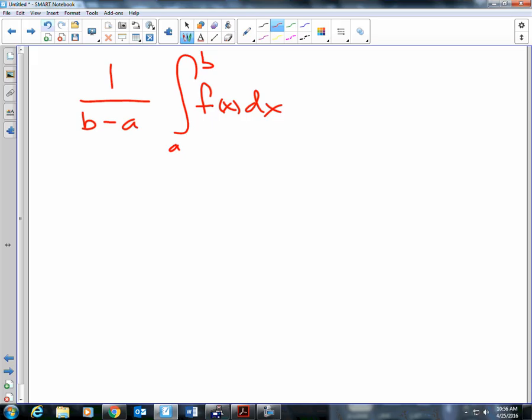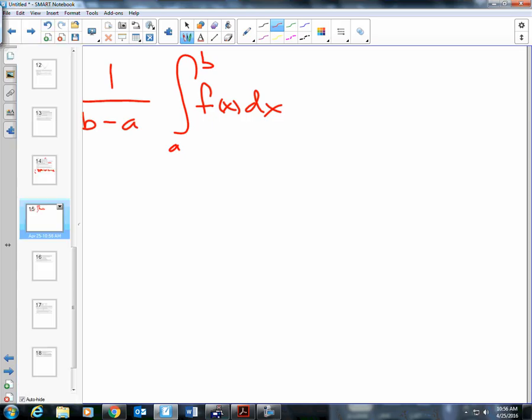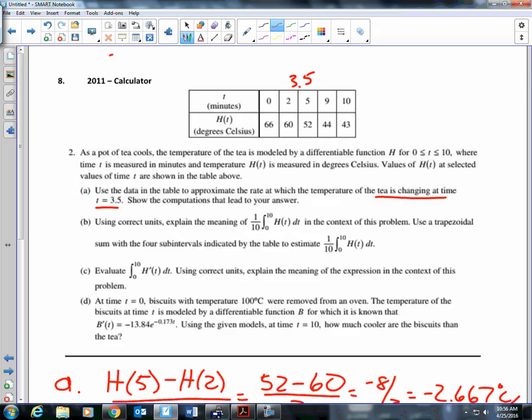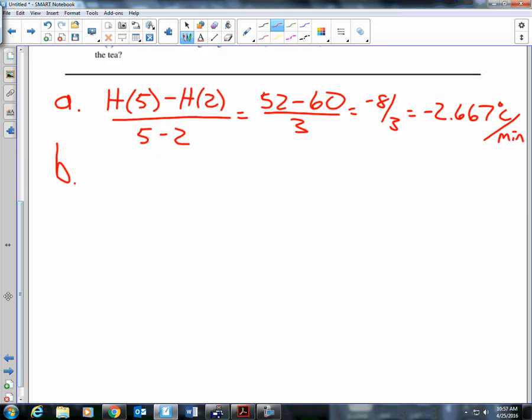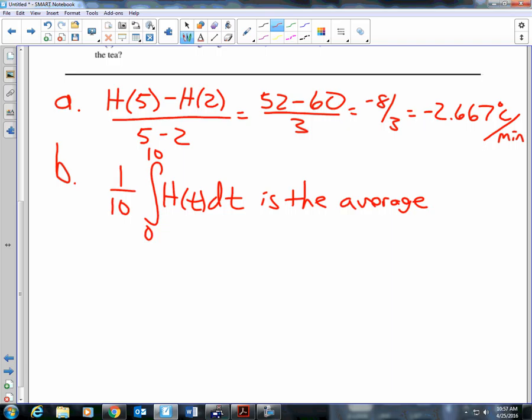Average value. So this will calculate for us the average value of the function. 1 over 10 times the integral from 0 to 10 of h of t dt is the average. If you want to say average value of h, that'll be fine.